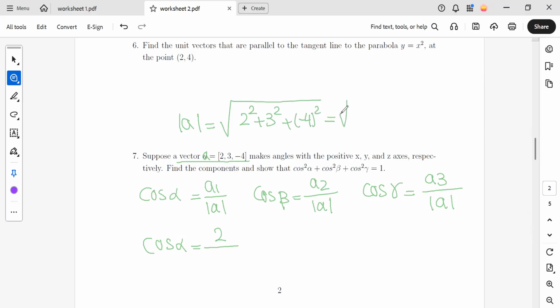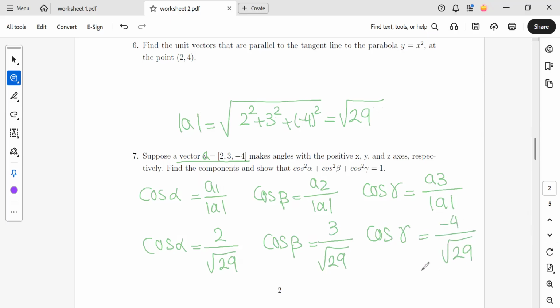That would be square root of 4 plus 9 plus 16, which would be 29 here. So you would divide it by square root of 29. For cosine of beta, that would be the second component, which is 3 over square root of 29. And for the next one, that would be negative 4 over square root of 29.